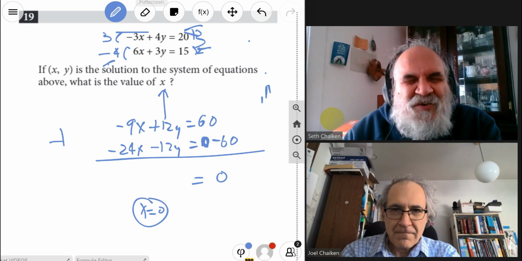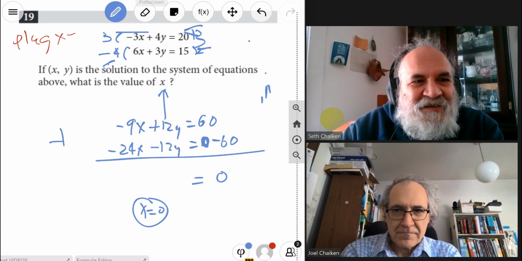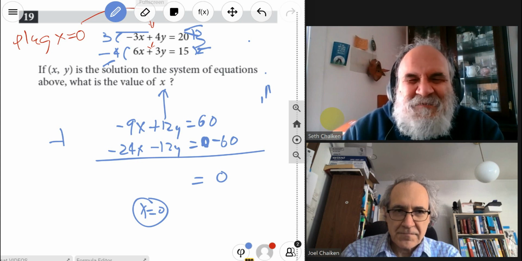So to verify that the solution has x equals 0, what I did was plug x equals 0 into the two equations, and I got 4y equals 20, 3y equals 15.